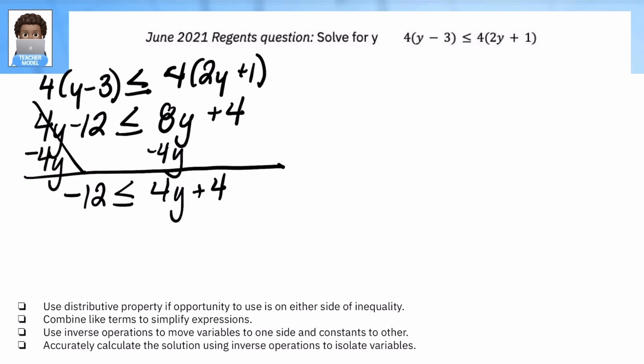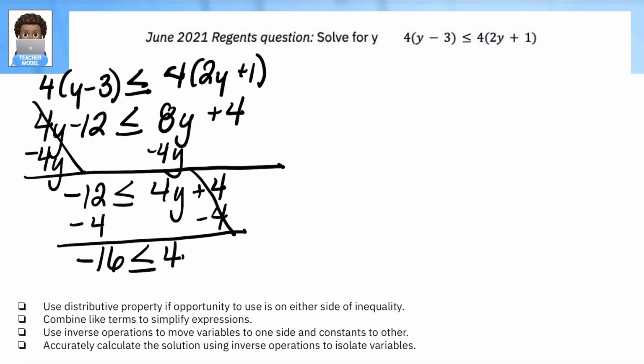All right, let's move our whole numbers over. So I'm going to add the opposite. So here's our zero pair. And now I have negative 16 is less than or equal to 4y. Divide both sides by 4. And my final answer is negative 4 is less than or equal to y.